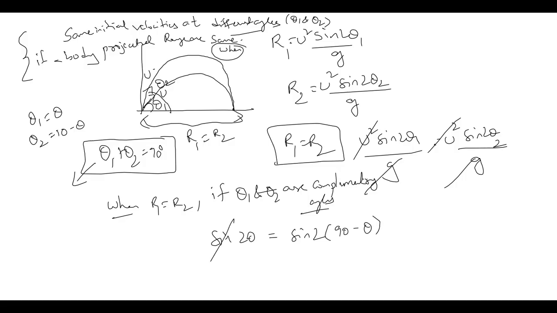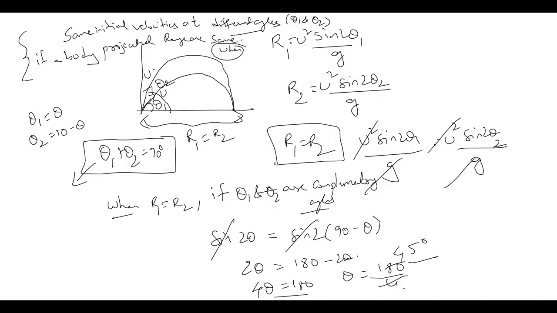Sin cancels, 2 theta is equal to 180 minus 2 theta. Then what is theta? 4 theta is equal to 180. Then theta is equal to 180 by 4. 4 4s are 16, yes or no? 4 5s are 20. Means theta is 45 degrees.